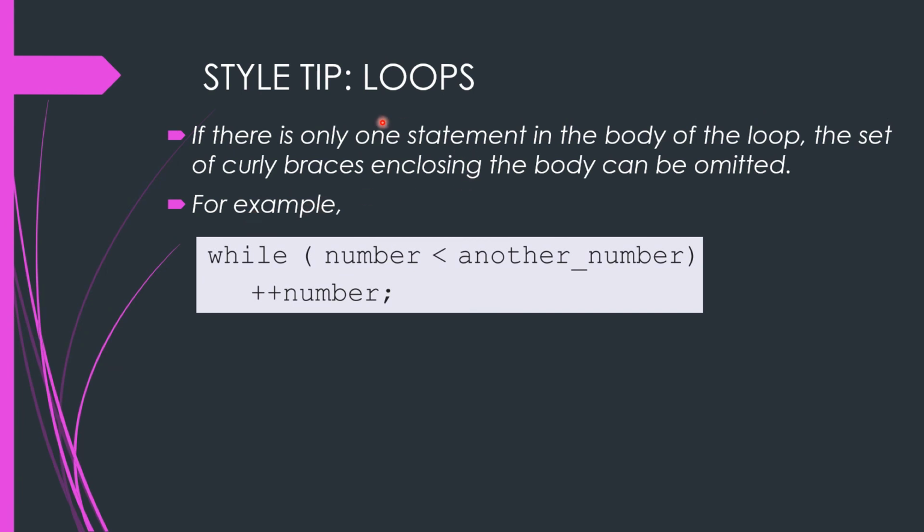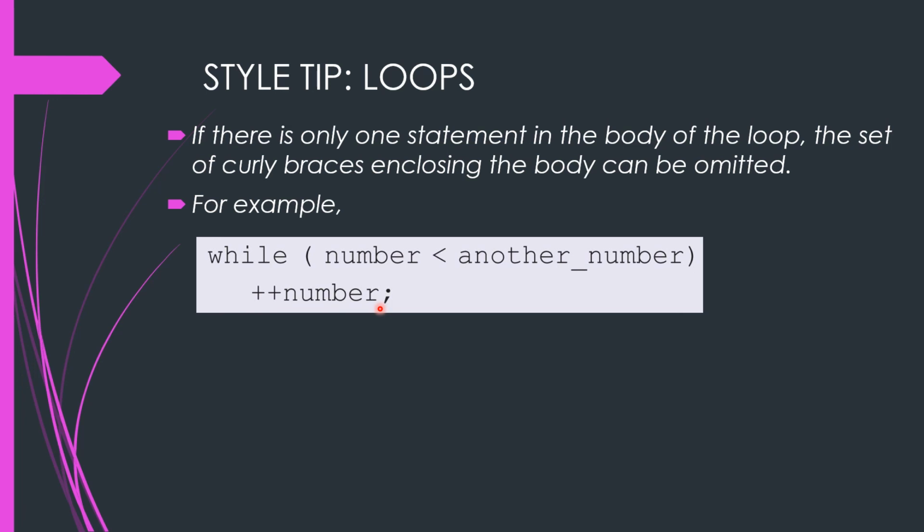Here is our second style tip for loops. If there is only one statement in the body of the loop, the set of curly braces enclosing the body can be omitted. Means, as we studied in the syntax of the while statement, after the expression we were providing the curly braces for the statements, but it is not necessary to provide those curly braces when we have only one statement in the body of the loop.